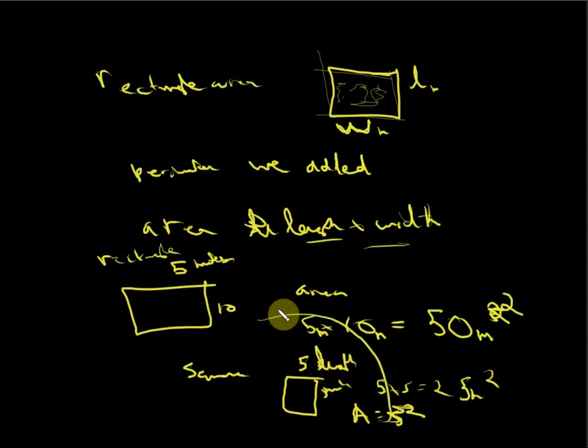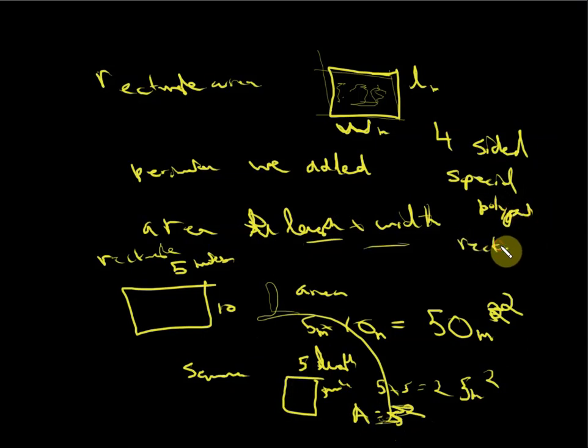The same formula still applies, but because the sides are the same, you can reduce it to that. Just remember it's length times width. And this applies to a four-sided special case polygon, which is the rectangle and the square.